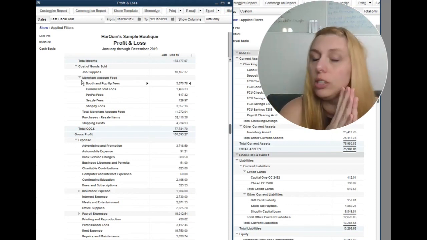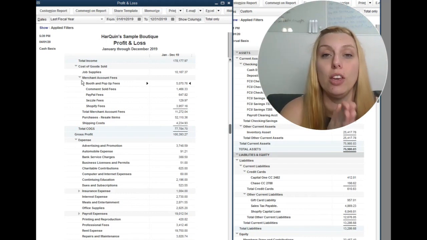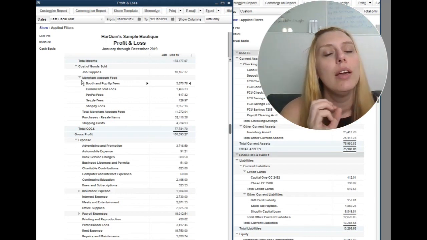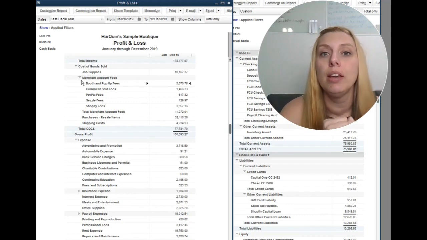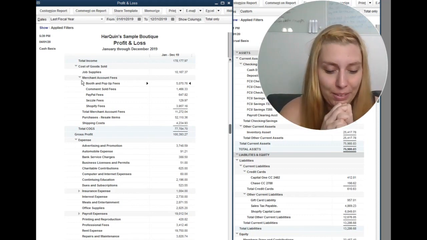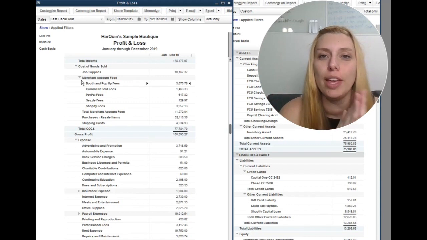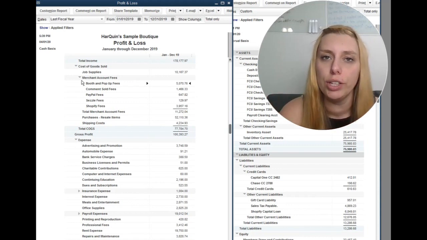I know that you guys spend a lot of time, money, and effort making your boutiques, especially brick and mortar, very pretty and appealing. That can cost some money, and a lot of you hit up Home Goods and Hobby Lobby to buy these cute things. So it's up to you if you want to have them separated with decor and furnishings.